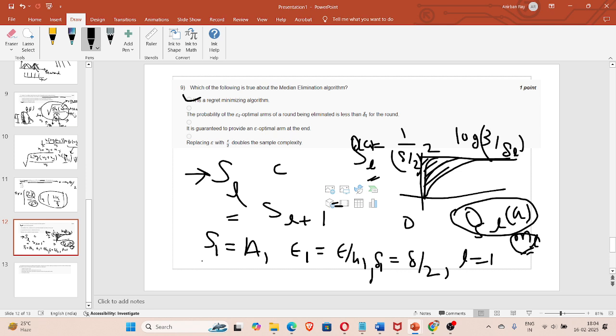So those arms are taken, and after that the update step is S_L.